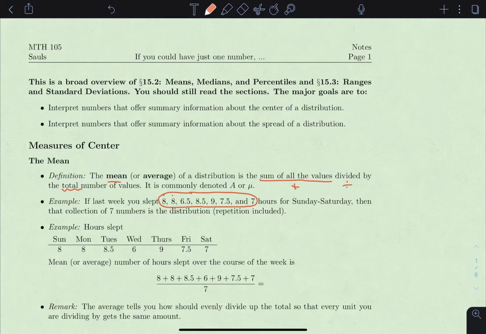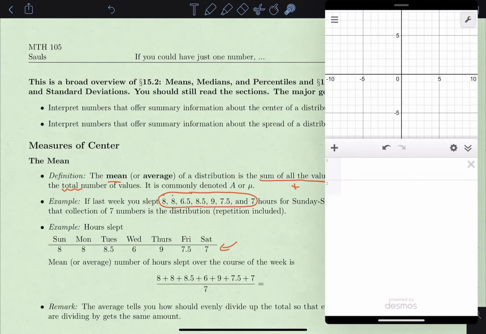The mean or average for these numbers is calculated by first adding up all the numbers in the list. That's the numerator, and then dividing by 7. This 7 in the denominator is because there are 7 days in a week. This 7 over here is because on Saturday you slept for 7 hours.